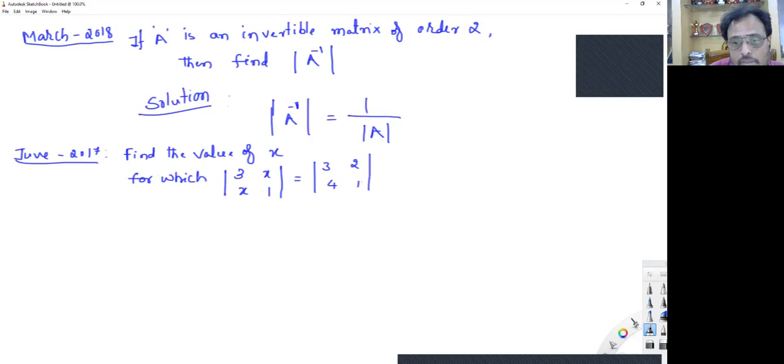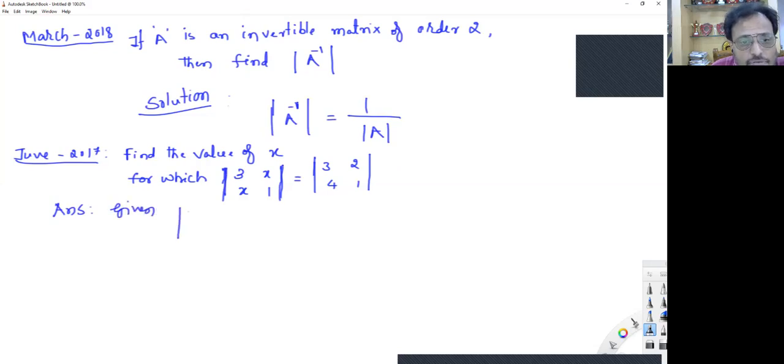But remember, don't get confused with matrices here. In matrices, if the orders are the same and the two matrices are equal, then their corresponding elements are equal. But that is not possible in determinants. So here the answer is directly what is given here.